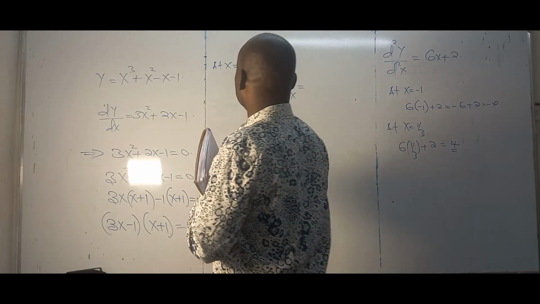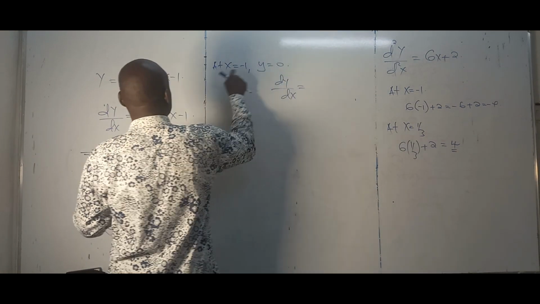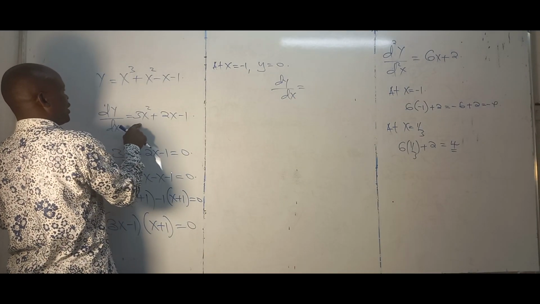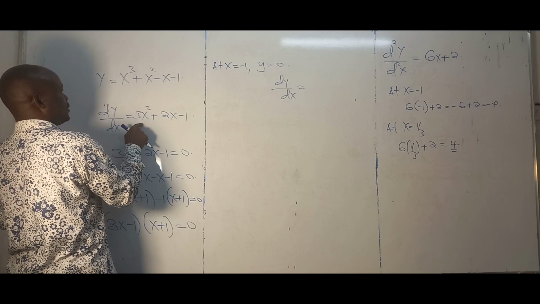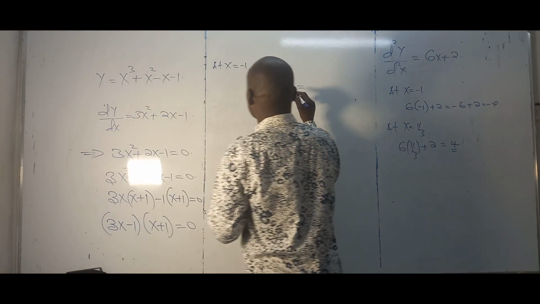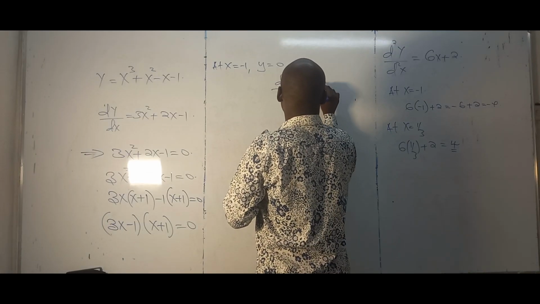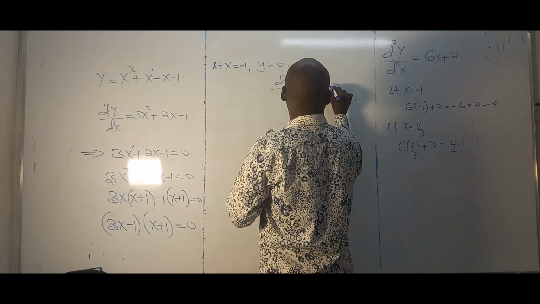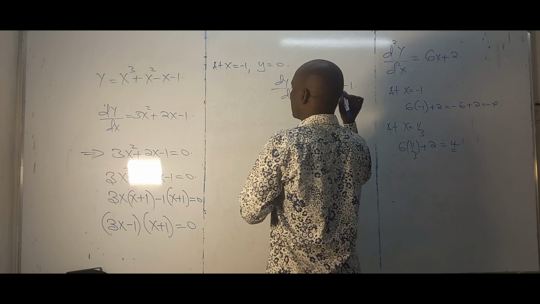How? Let's see. If we bring x minus 1 here, dy/dx, let me just write 3x squared plus 2x minus 1.